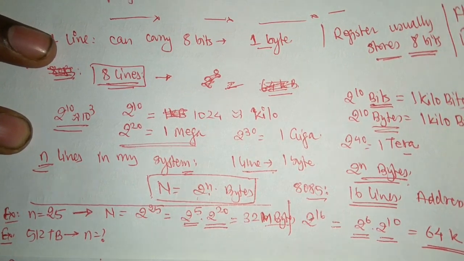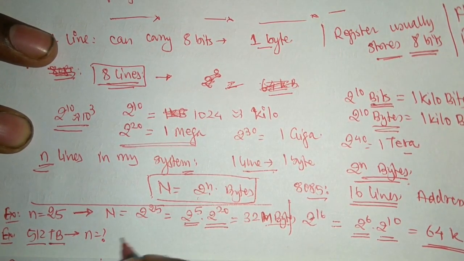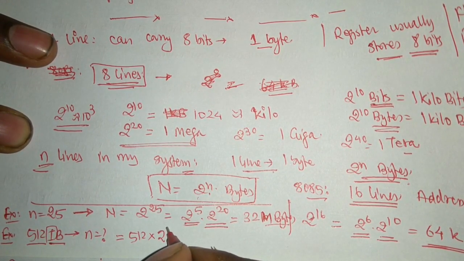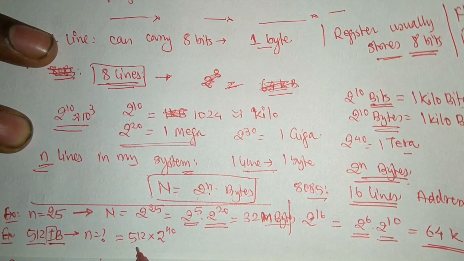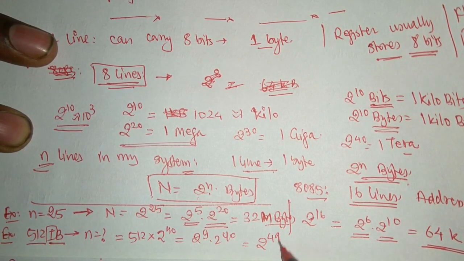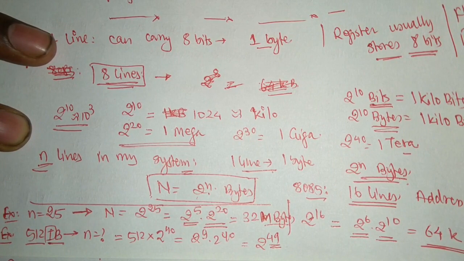So how can I do that? 512 terabyte, I can write as 512 into 1 tera. 1 tera is equal to 2 raised to power 40, right? We said that. And 512 is equivalent to 2 raised to power 9. So 2 raised to power 9 into 2 raised to power 40 is 2 raised to power 49 basically. So how many lines will we need in our address bus?